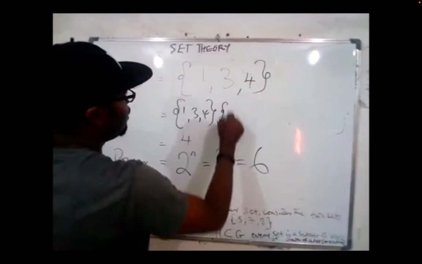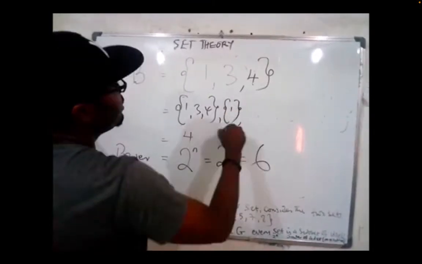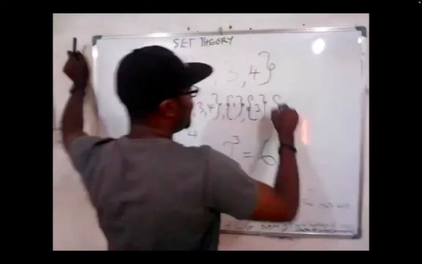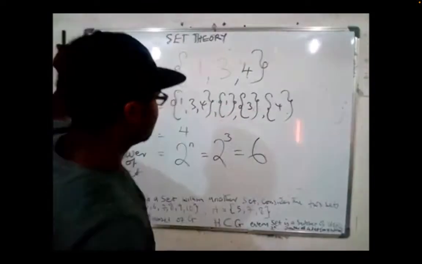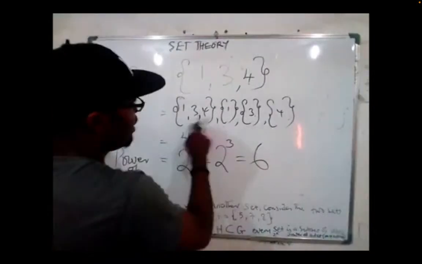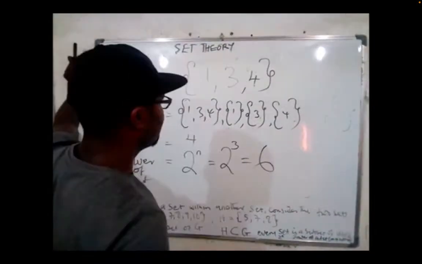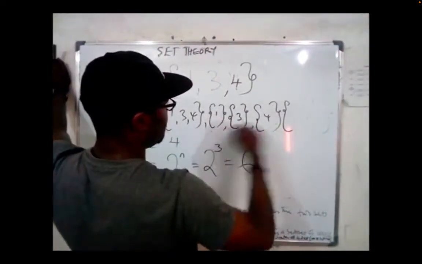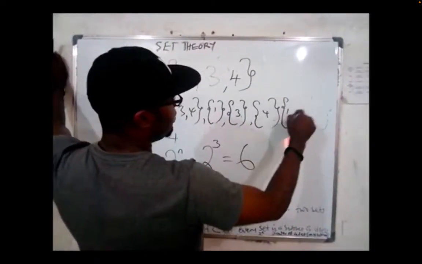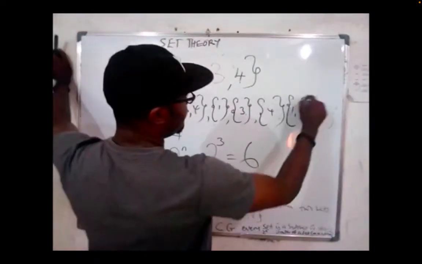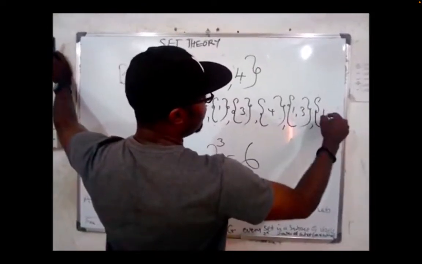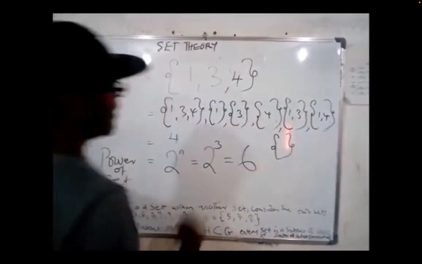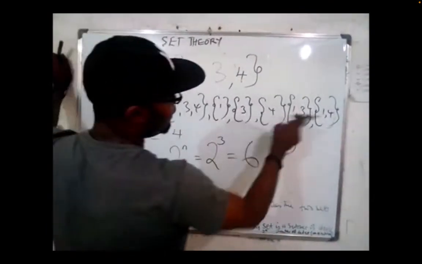Then only 1, only 3, only 4. That's 1, 2, 3, 4. Then 1 and 3, then 1 and 4. Then the empty set. So making it 1, 2, 3, 4, 5.